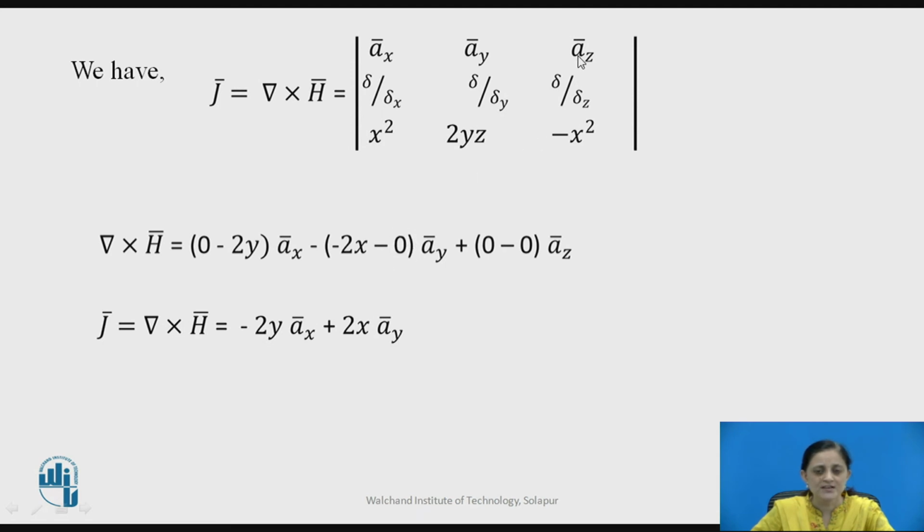And for third, a bar z, dou by dou x of 2yz, that is equal to 0 because there is no x term, minus dou by dou y of x square. Again there is no y term, so therefore the third derivative becomes equal to 0. So what's the remaining? J bar is equal to del cross h bar, minus 2y a bar x plus 2x a bar y. So this is the equation you are getting after solving this determinant for j bar.